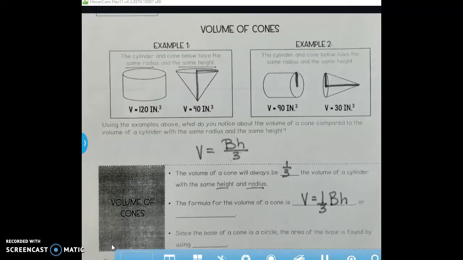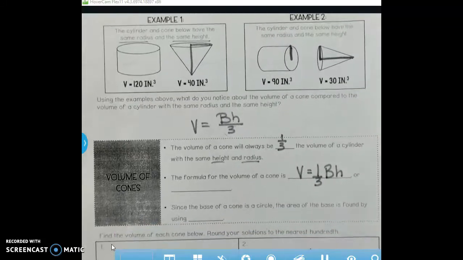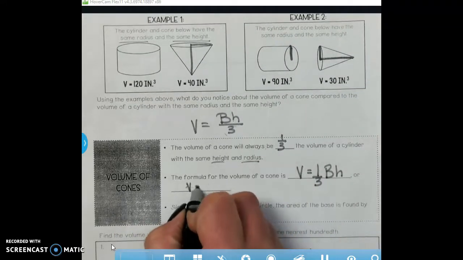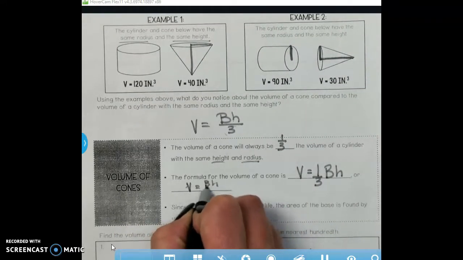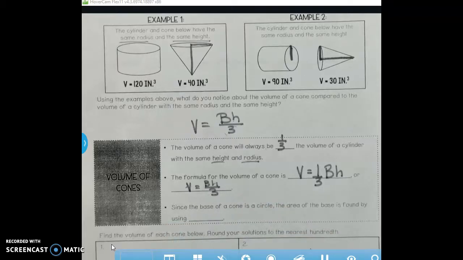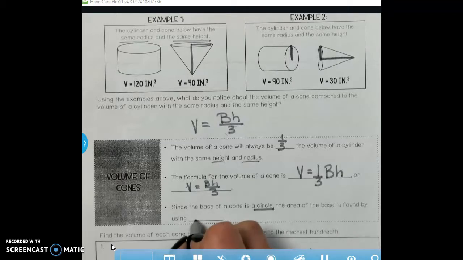I am always writing the formula as area of the base times the height divided by 3. Since the base of the cone is a circle, which sounds familiar from our discussion of cylinders, the area of the base is found by using pi r squared.